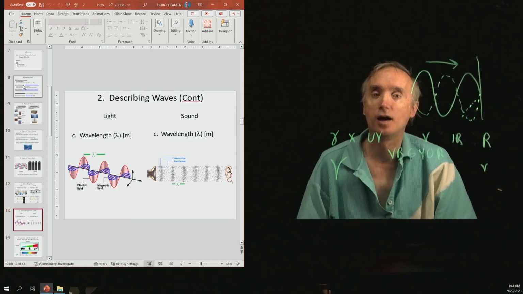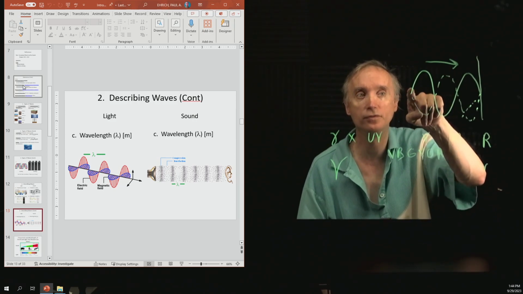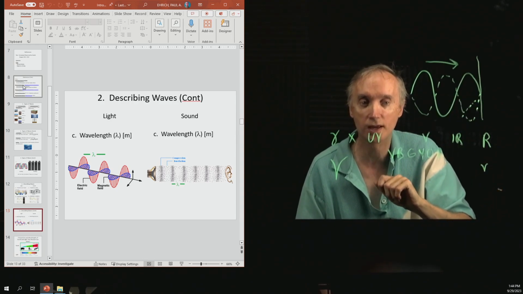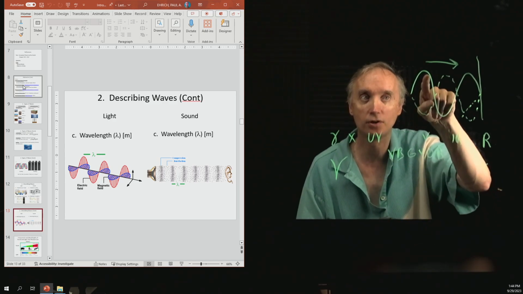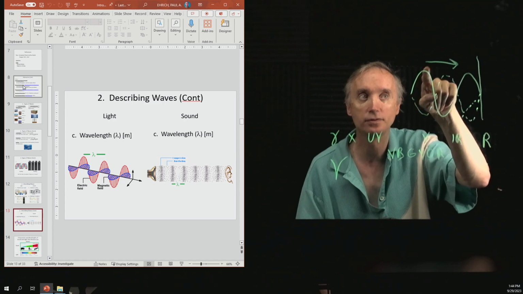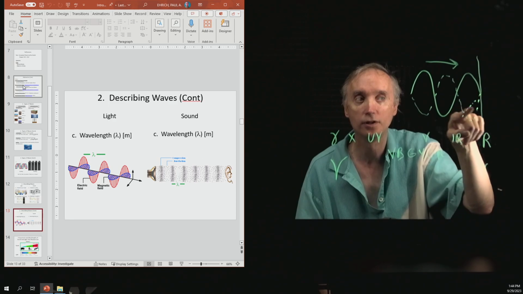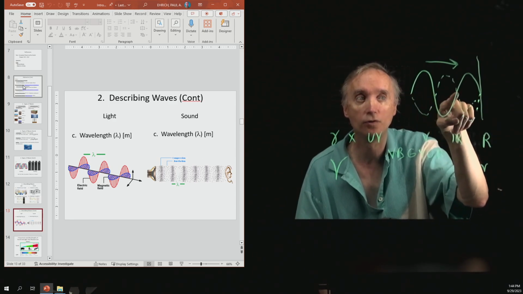Okay, then we introduced a new concept called the wavelength. If I was to give you a wave, I could give you a ruler and say measure the wavelength of that wave. It's going to be wherever the wave is from a crest to a crest, or from a trough to a trough, or from here over to here.